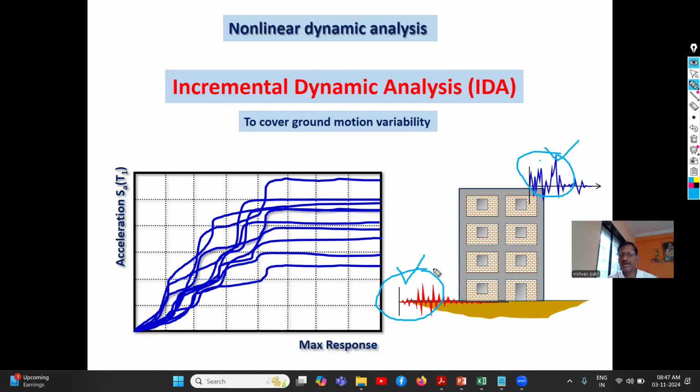There are certain parameters to describe the intensity measure, and certain parameters to describe the damage measure or building responses. This is the structure on which we are applying the ground motion.